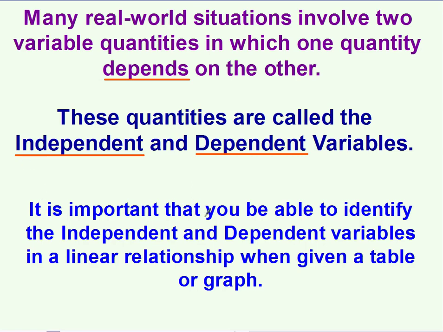It is important that you be able to identify the independent and dependent variables in a linear relationship when given a table or a graph. Whether you're given a table or a graph, you have to identify which is the independent and which is the dependent variable.